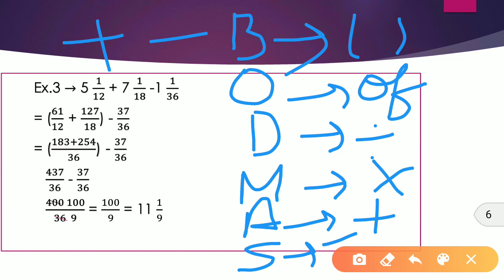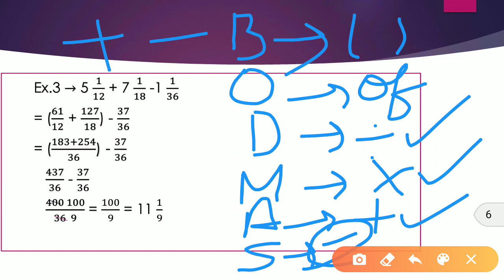That means if in any question addition, multiplication and divide all symbols are given, first you will solve the division, second you will solve the multiplication, then you will solve the addition, and in the last you will solve the subtraction. So in our question only plus and minus signs are given.